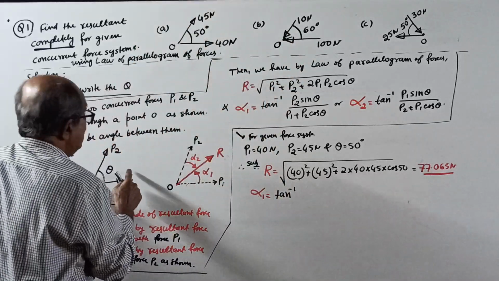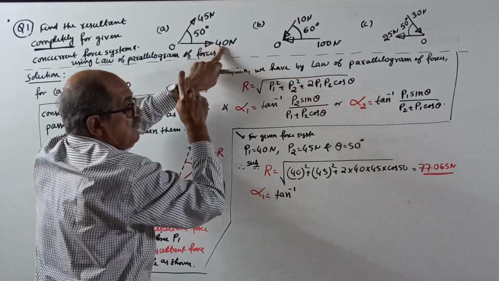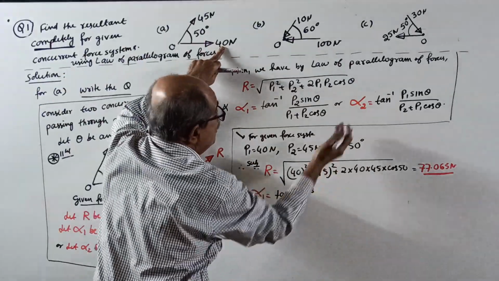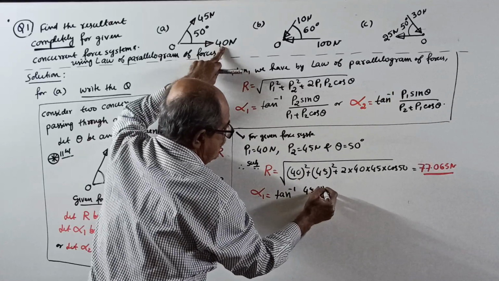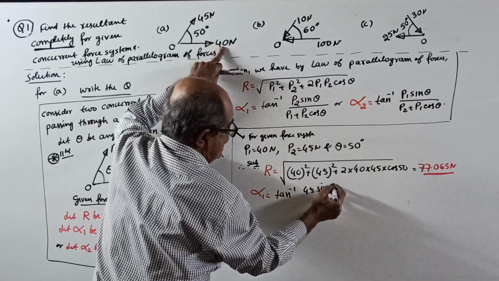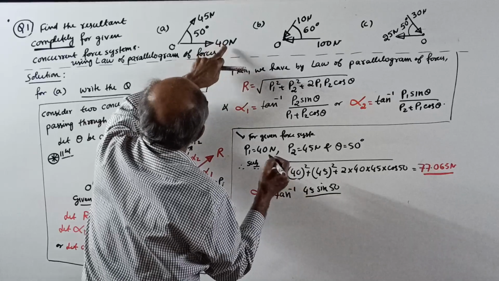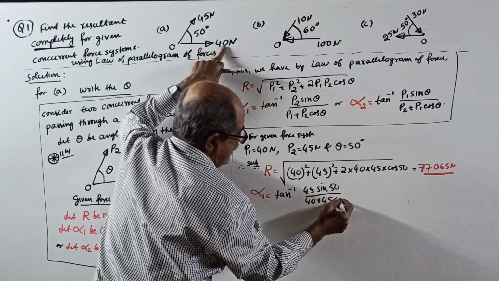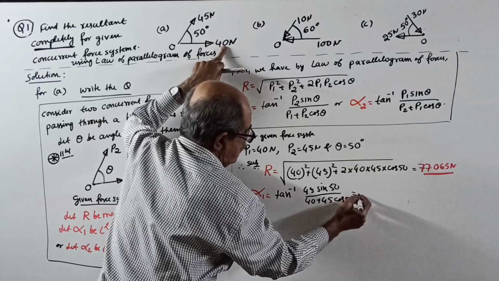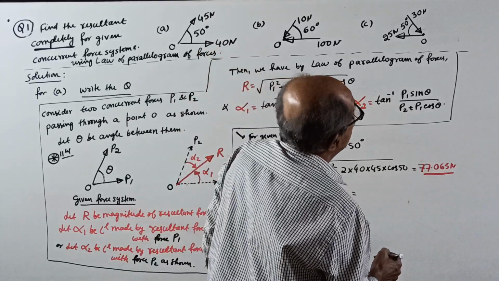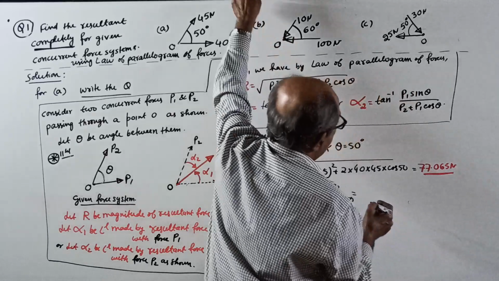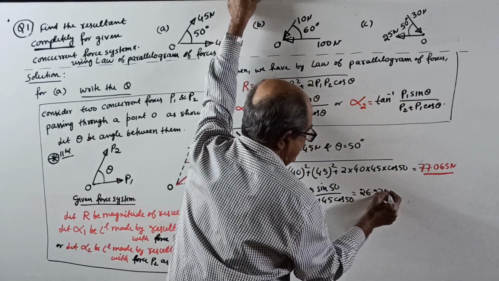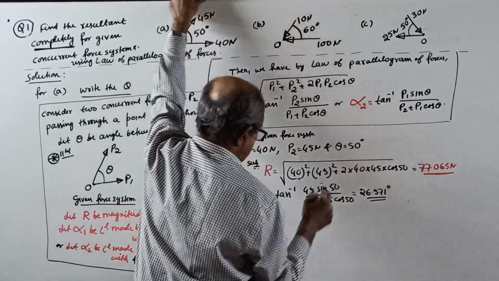If you want the angle with 40 Newton, the formula is: other force, 45 into sine 50, divided by that force 40 plus once again other force into cos 50, equal to alpha 1. I got 26.571 degrees. Third decimal accuracy I am writing.